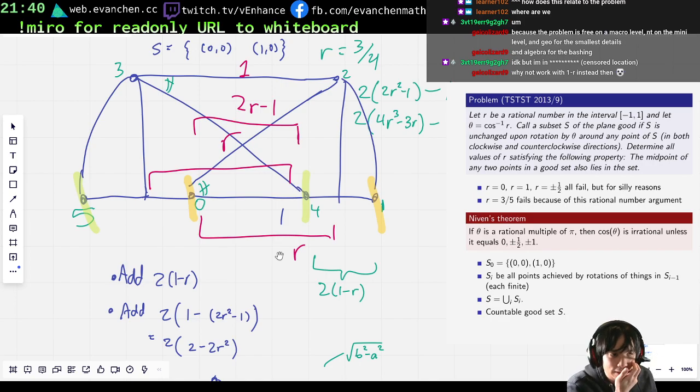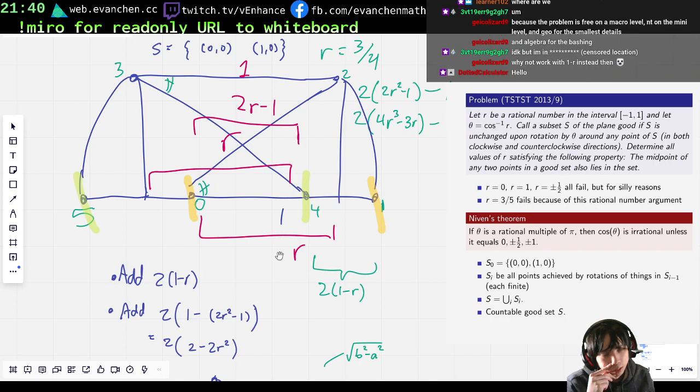Why not work with 1 minus r instead? How do you work with 1 minus r? Is it like... What?